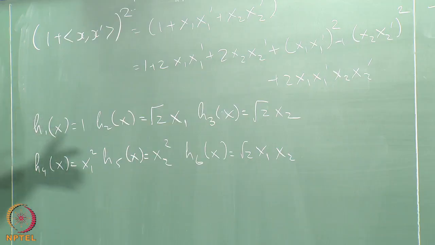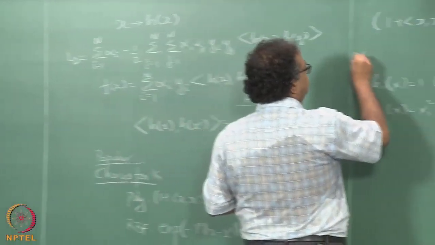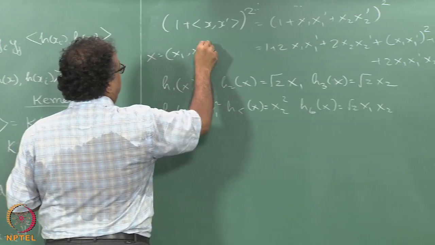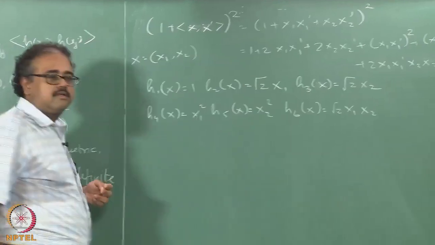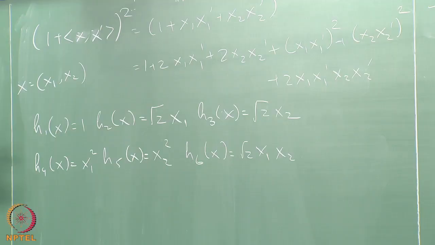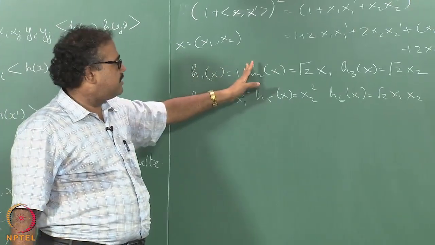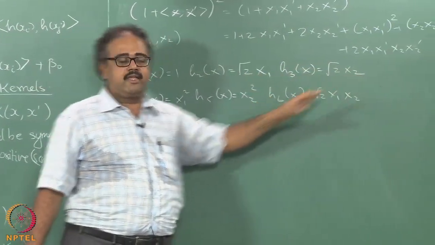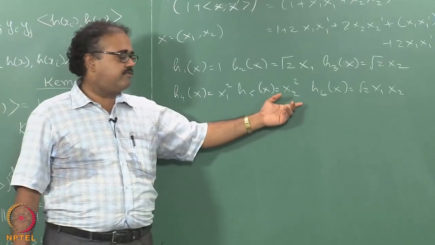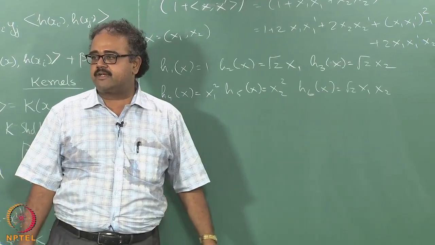It's essentially the quadratic basis expansion, right? I have two features x1, x2. Remember that x consists of two coordinates, x1 and x2. So this is essentially the quadratic expansion. The first coordinate is 1, the second coordinate is x1, the third coordinate is x2, so it keeps them as they are. Then the fourth coordinate is x1 squared, the fifth coordinate is x2 squared, and the sixth coordinate is x1 x2. It has done all the quadratic basis expansion, right?